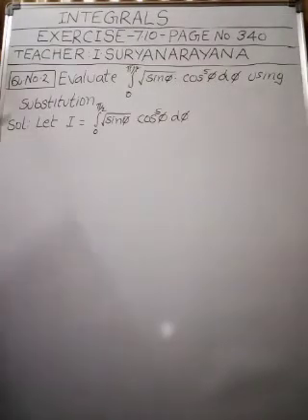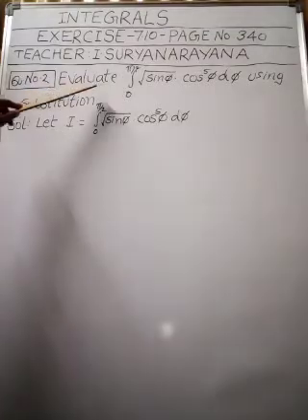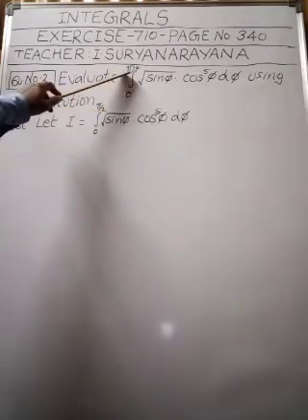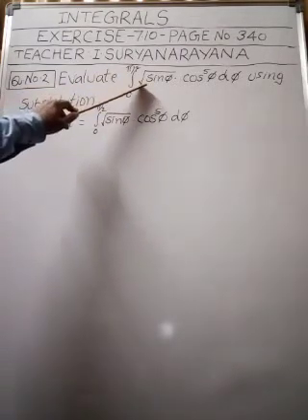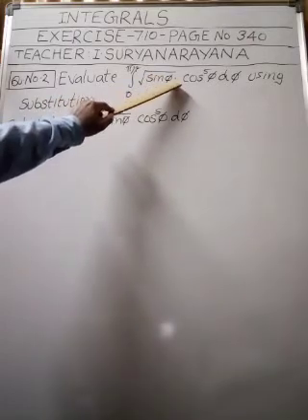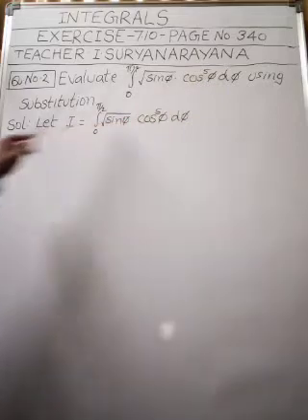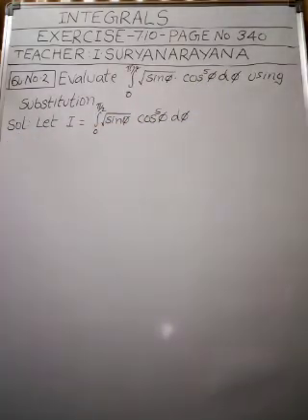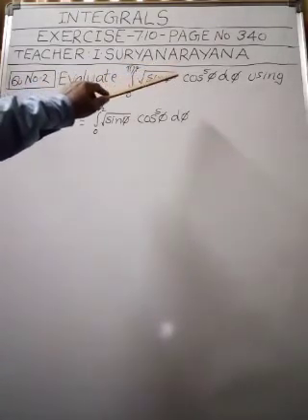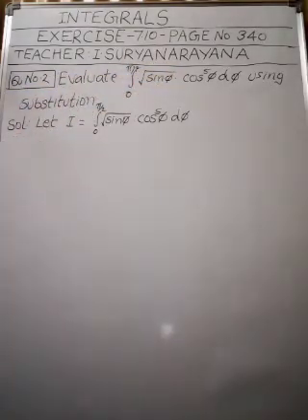Now come to the next question in the exercise. Evaluate integral 0 to pi by 2 square root of sine phi into cos power 5 phi d phi using substitution. Okay, my dear children, here also we have to evaluate this definite integral using the substitution method.